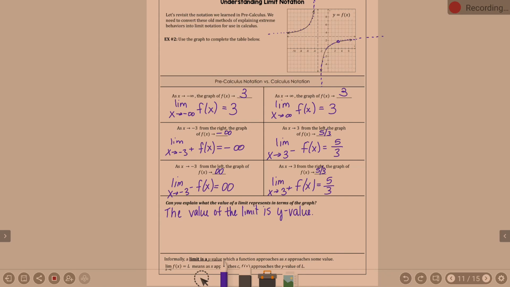That's the other piece I guess I might say: limit can also occur approaching a hole or asymptote.